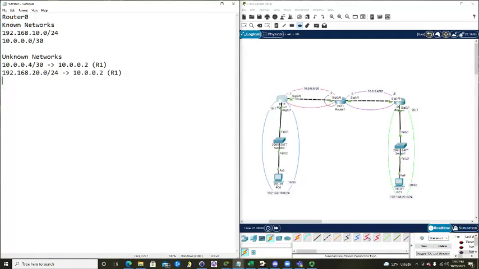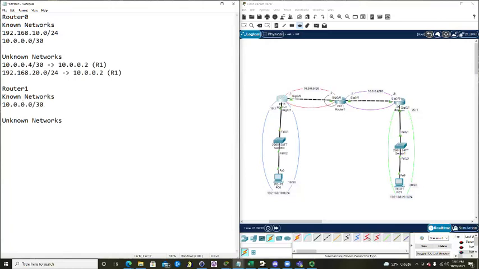So we set that router up, and now the next thing we'll do is basically the exact same thing. We're going to list out router 1's known and unknown networks. So this is that middle router now. Its known networks are the networks it is physically touching.